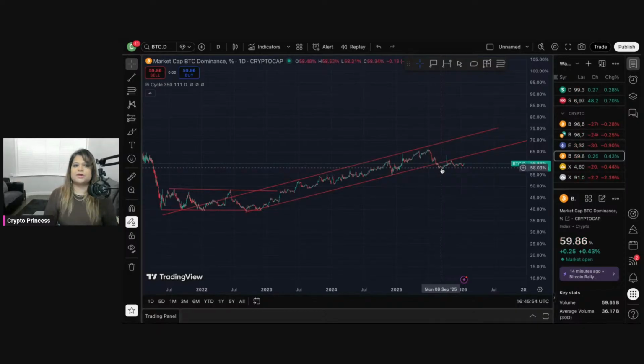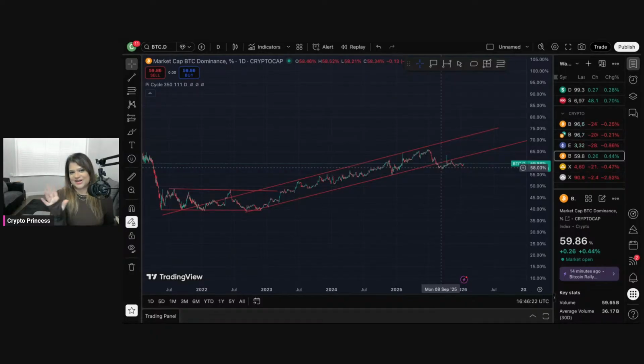Bearing in mind, Bitcoin dominance has completely changed because we've got the stable coins. People don't on-ramp using Bitcoin like they did in the past. And also Bitcoin, though it's considered the safest cryptocurrency, so are stable coins nowadays. And we've got the Clarity Act coming out soon.